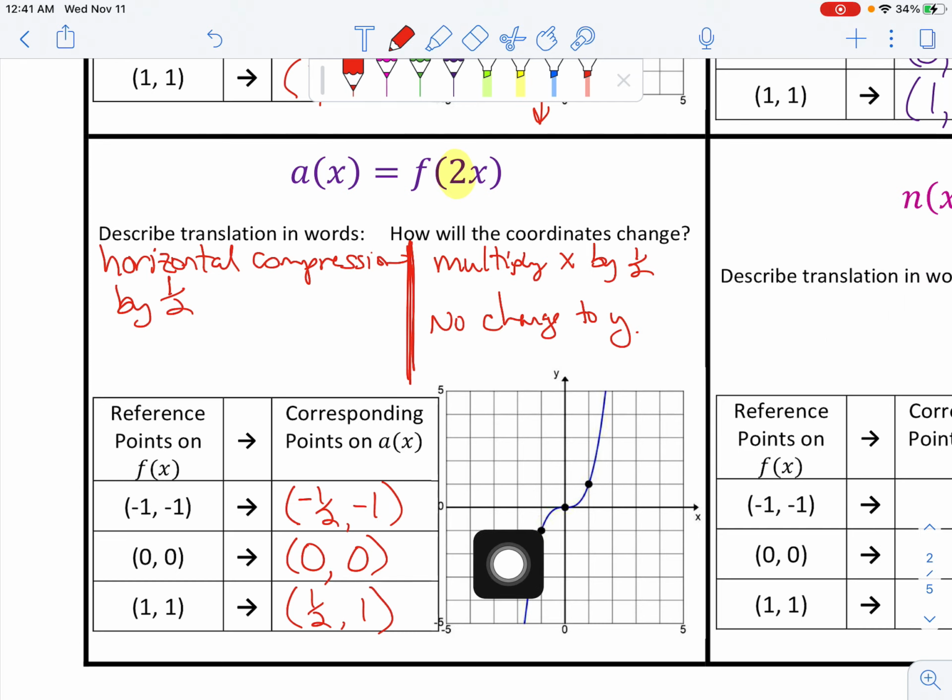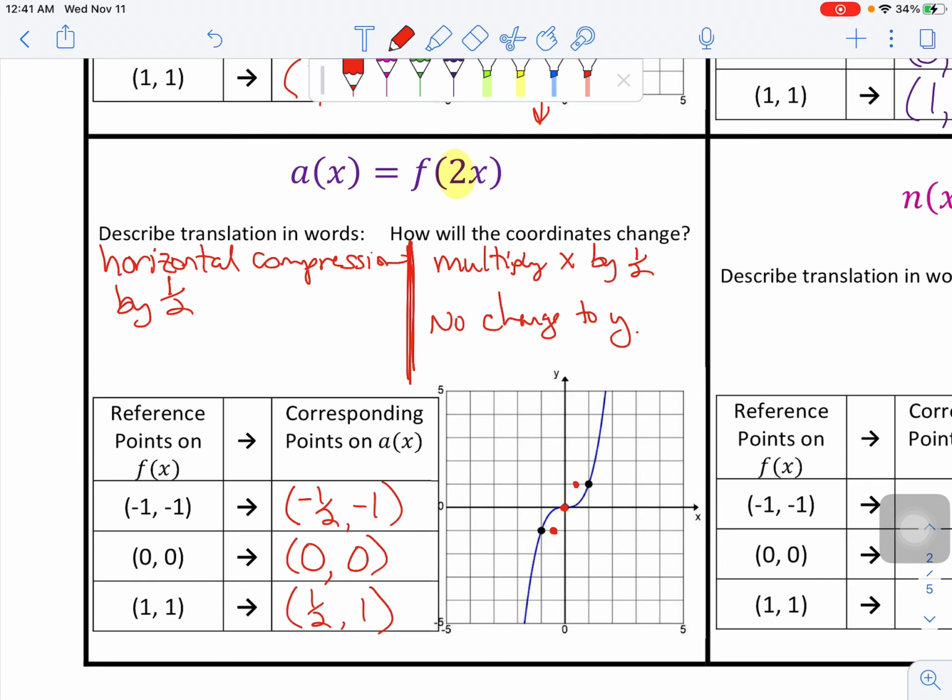So this point, -1, -1, is going to push a little bit closer to the y-axis here. We're going to press closer to the y-axis. So we're going to go -1/2, -1, 0, 0 stays. And then this point, 1, 1, is going to compress just a little bit closer, right? We're going to chop that distance to the y-axis in half.